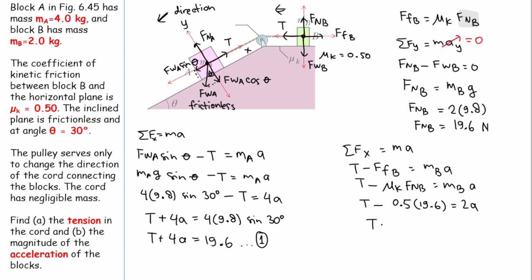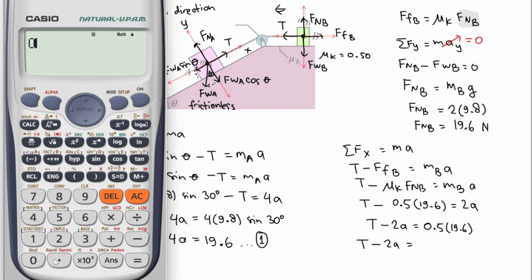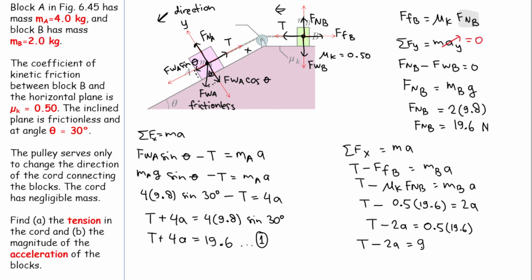So I have T minus 2A equal to 0.5 multiplied by 19.6, which equals 9.8, I think. But let's plug that in to make sure. Yes, that will be 9.8, and that will be our second equation.